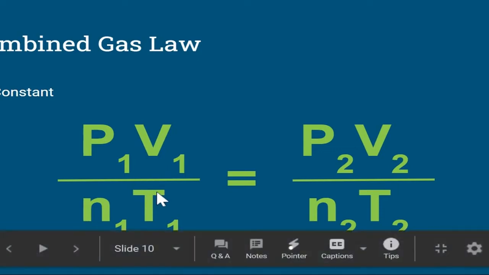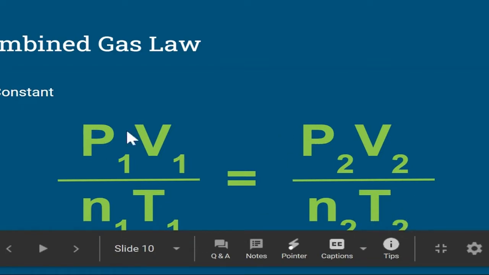So let's say we heat it up. T1 is describing what the temperature was originally. T2 would be describing what the new temperature is, or what the temperature is after we heat the gas up.